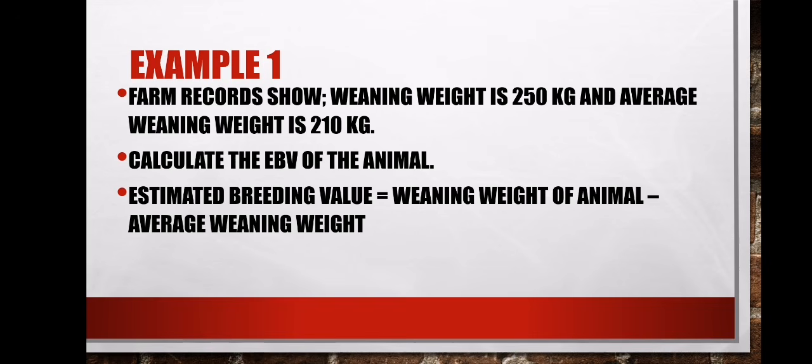Our winning weight of the animal is 250 kg. Our average winning weight is minus 210 kg. By substituting, you get a mark again. Maybe here we now have 2 marks. Then you punch your calculator.